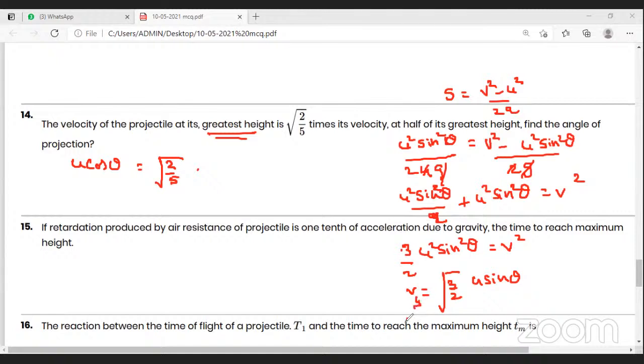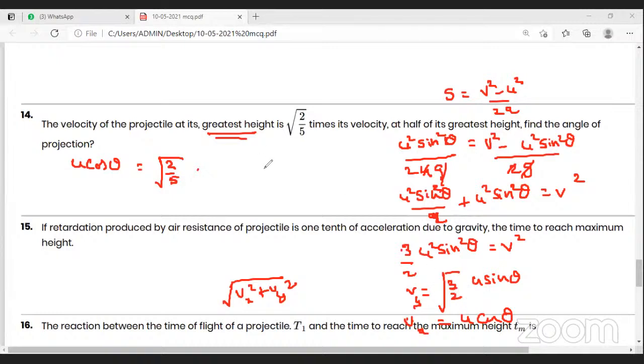This is vy. The horizontal is always the same only, no? What is that? U cos theta. Then you just see here, what is the total velocity now? Root over vx square plus vy square. You can take root over u square cos square theta plus this value also you have to write, 3/2 u square sin square theta.